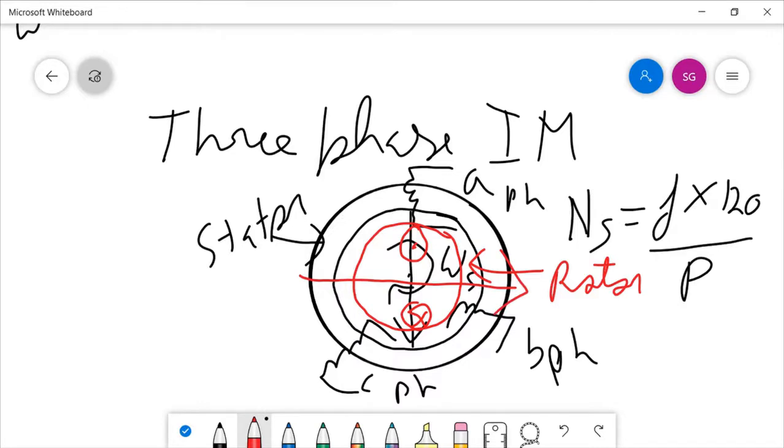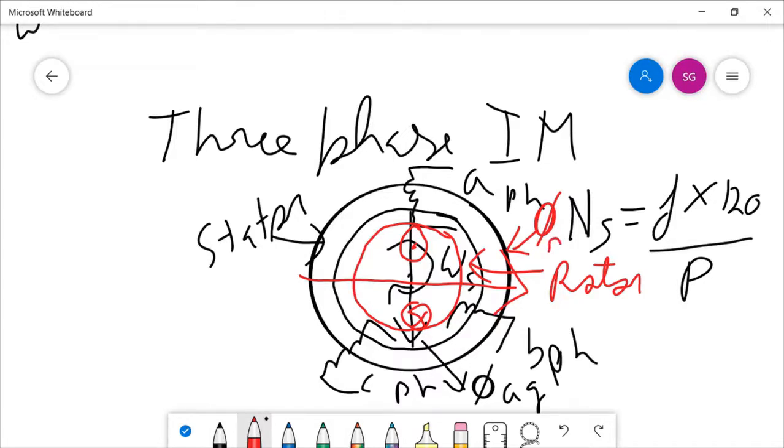So we can say that this magnetic field which is generated by the stator winding is phi AG, the air gap flux, and this flux which is in this direction is phi A, the armature flux, or let us say the rotor flux.